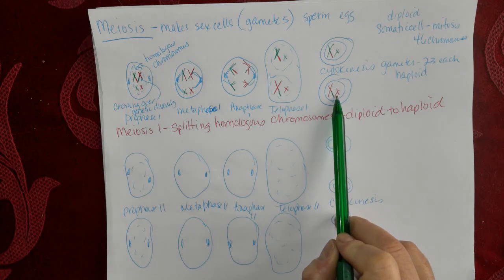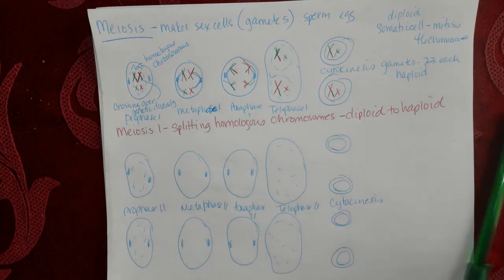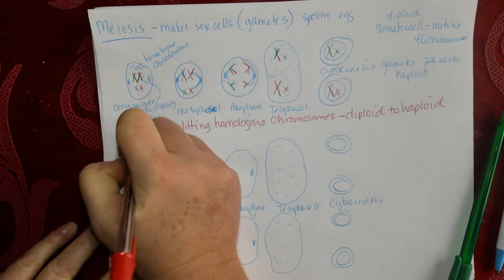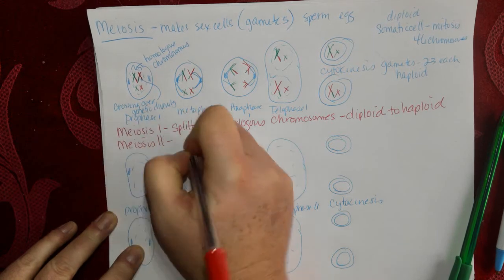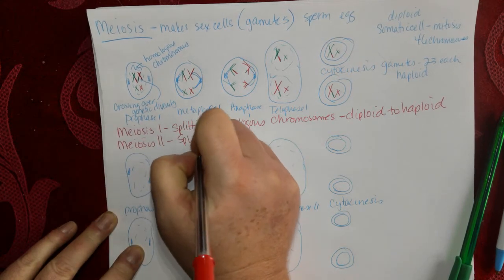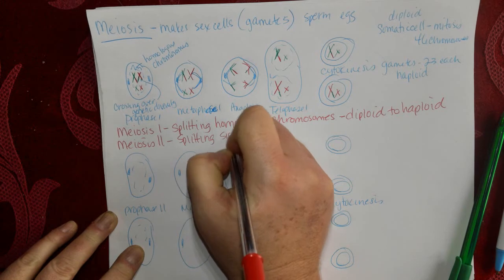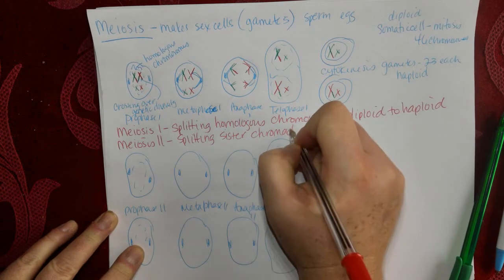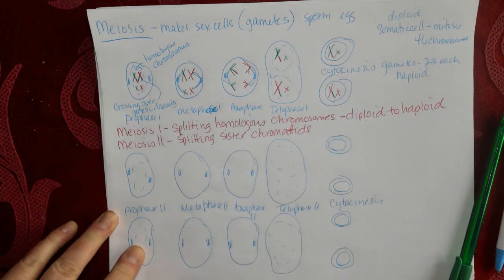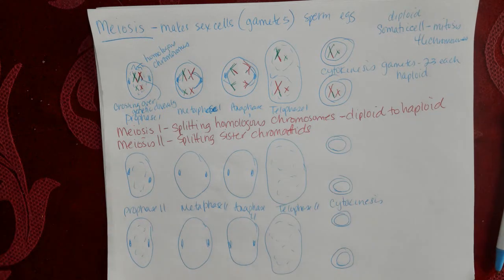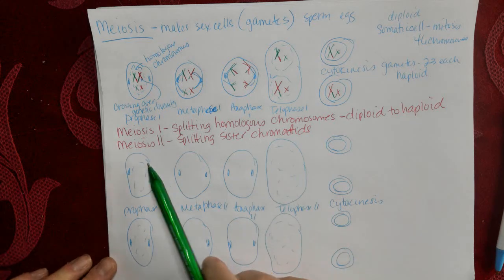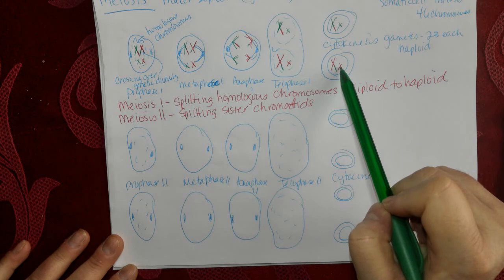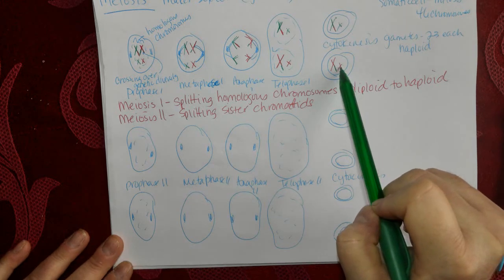So now what happens in meiosis 2 is we are going to split the sister chromatids. So the way we do that is we're going to transfer, we'll move this up a little bit, what we have here, and we're just going to split them up like regular mitosis.